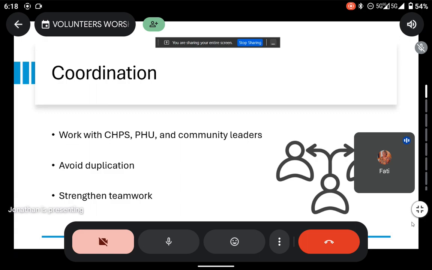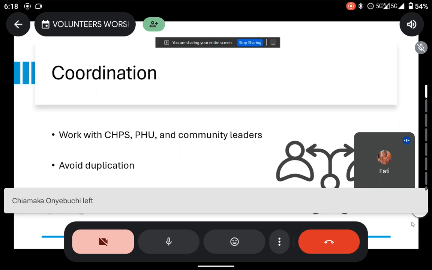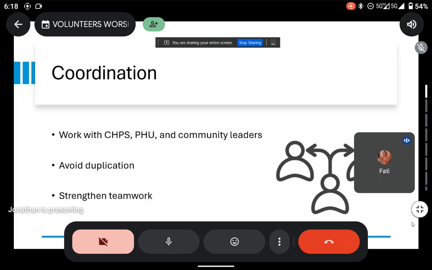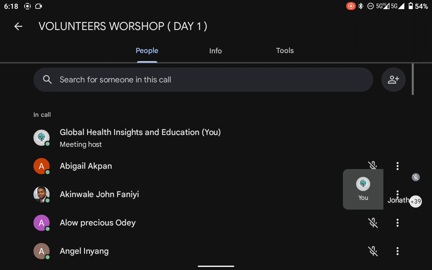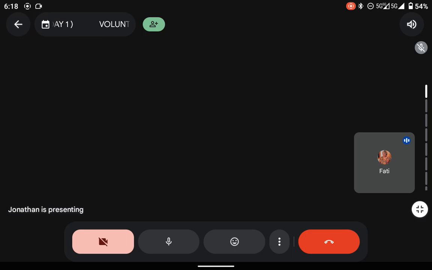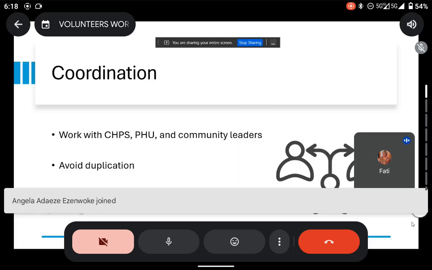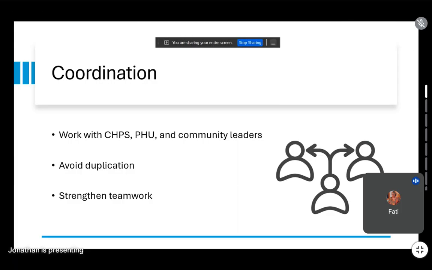Clear coordination avoids overlaps, strengthens communication, and ensures everyone works under the same goal. It prevents dual roles and repetition of certain programs or activities, if we are able to communicate effectively.